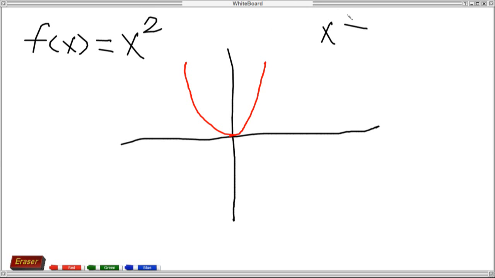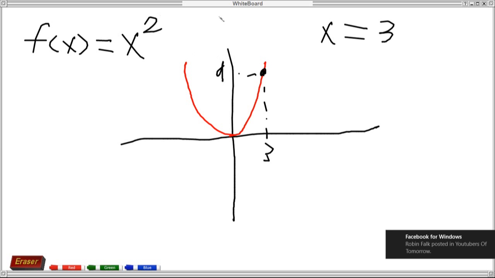Let's say x is equal to 3, so let's say 3 is right here, and that would make it roughly somewhere around here. So the function equals 9, because 3 squared is 9.